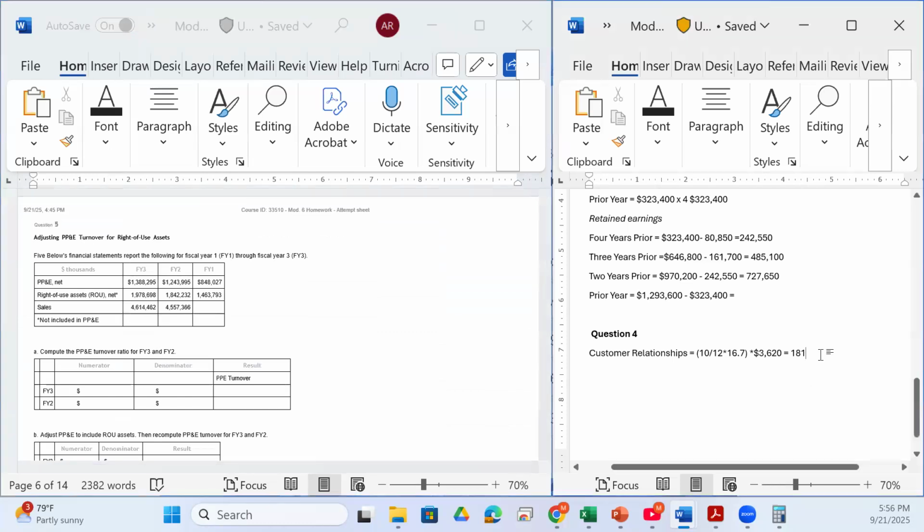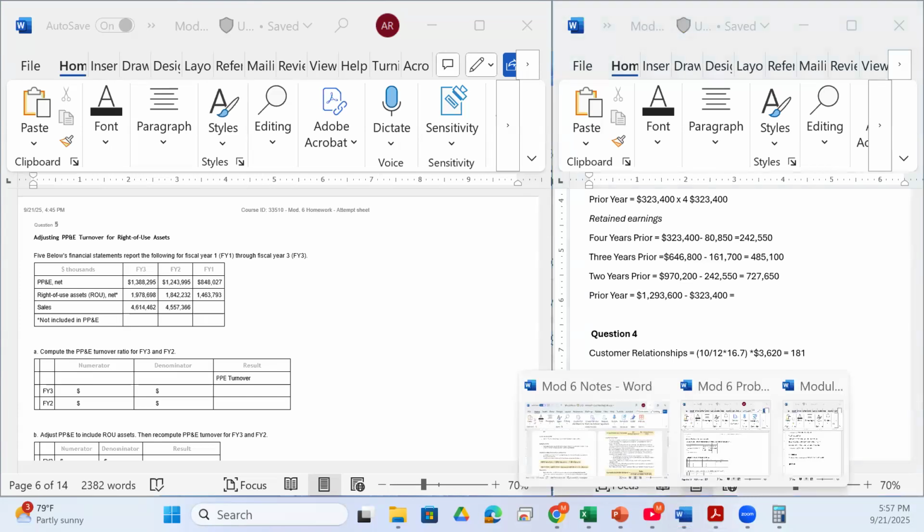Now question 5. For question 5, we have this information: property, plant, and equipment net, right of use assets, sales. We have to calculate the property, plant, and equipment, PP&E, turnover ratio.